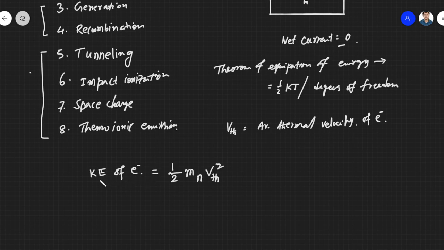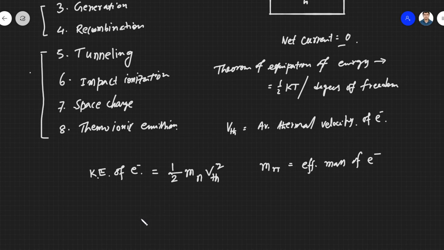So the kinetic energy of the electron is half mn vth square. Now, what is mn? mn is our effective mass of the electron, right? This is the kinetic energy of the electron. Where is it coming from? This kinetic energy is coming from the thermal energy, right?